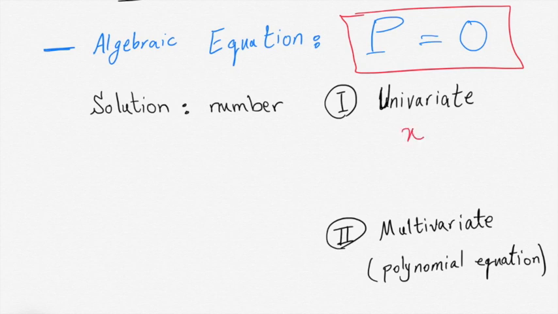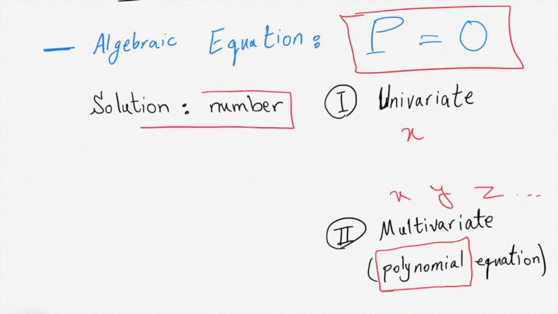If it has just one variable like x, then it's univariate, and if it is more than one dimension, then it's multivariate, or mostly called a polynomial. But the important thing here is that the solutions in algebraic equations are numbers.